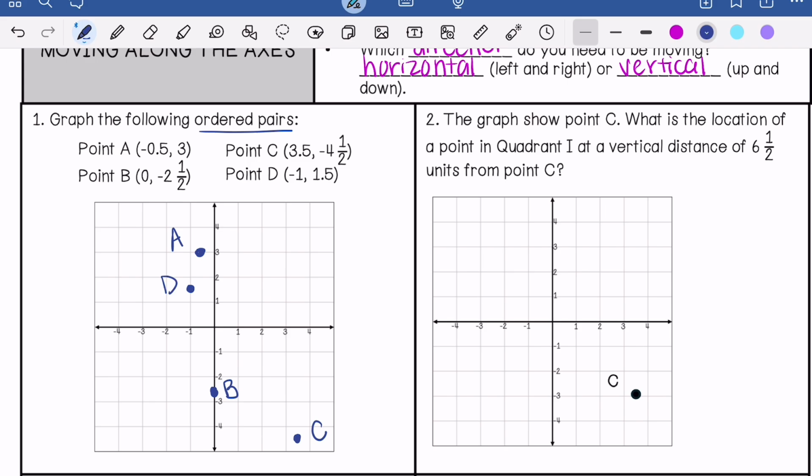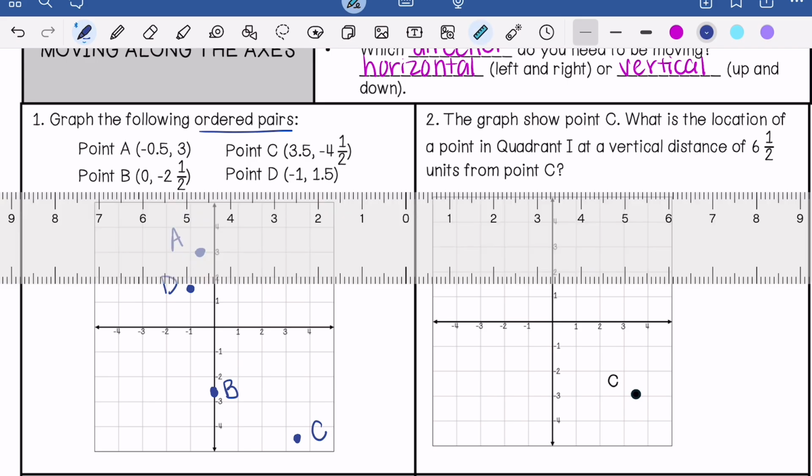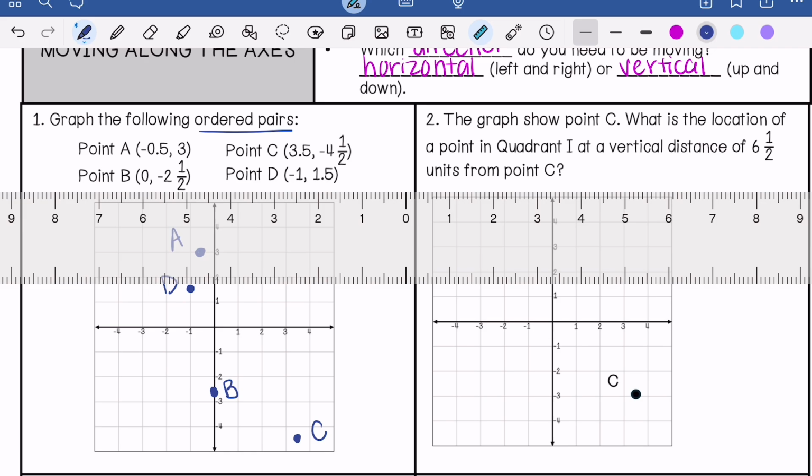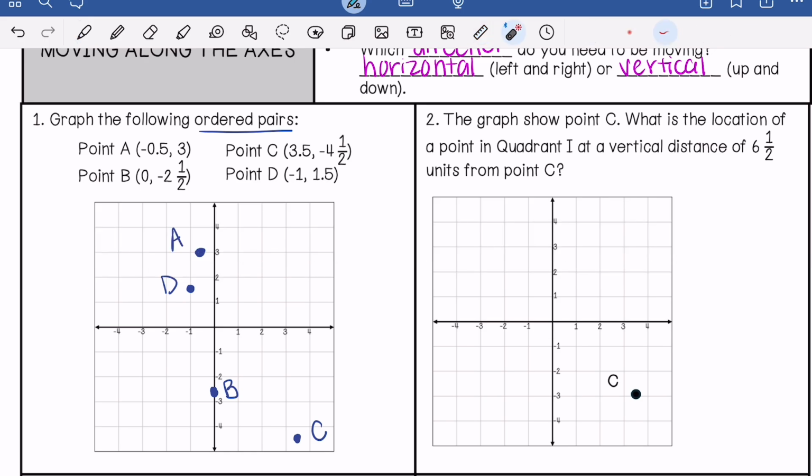The graph shows point C. What is the location of a point in quadrant 1 at a vertical distance of 6.5 units from point C? So if we remember the quadrants, this is quadrant 1. So we're going this direction. We're going vertical, so we're going up. We are going up 6.5.